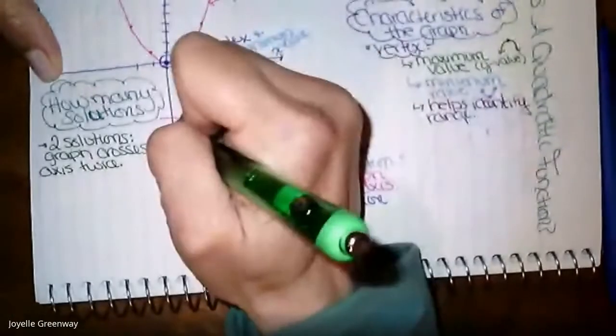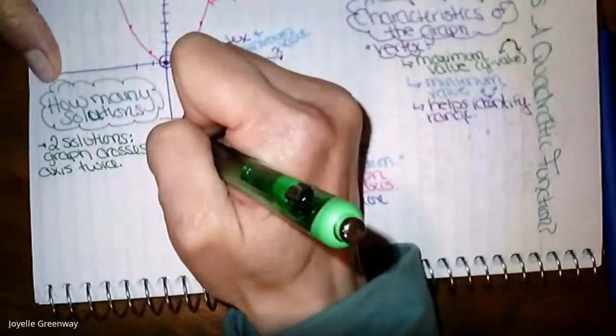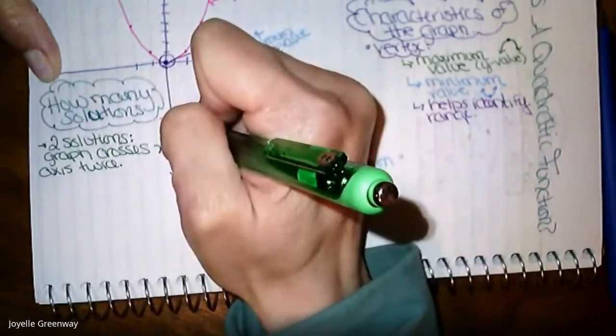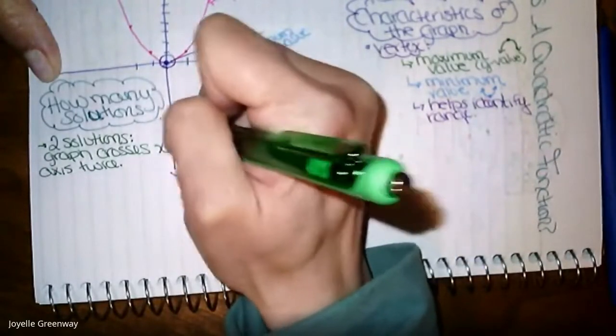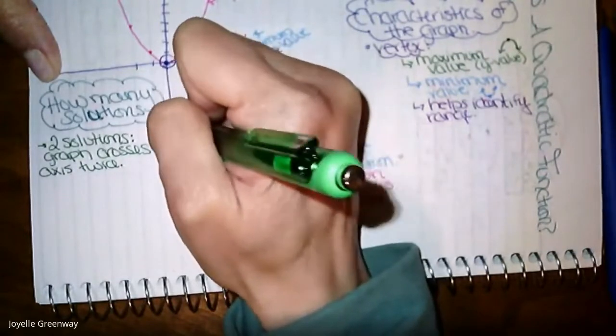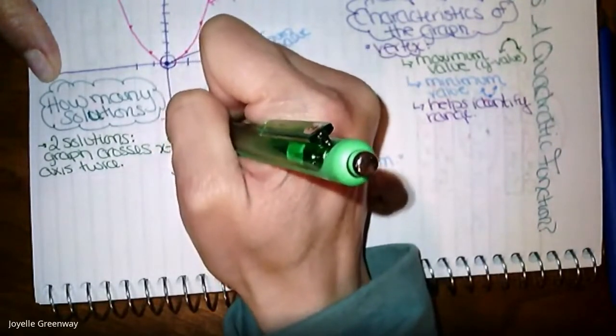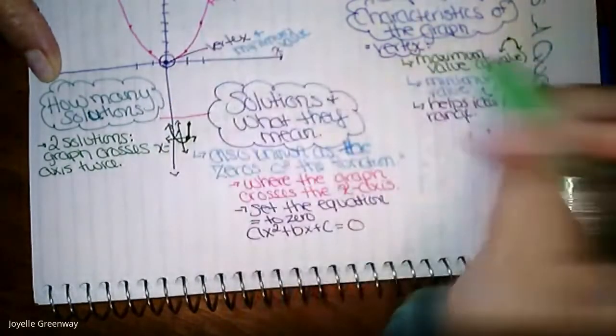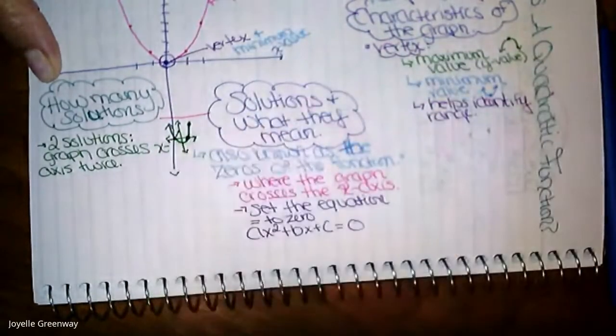So that would look like, if this is your x-axis and this is your y-axis, your parabola could look like this. Right? So it crosses through there and it crosses through there.